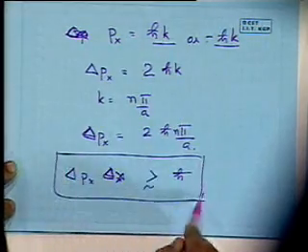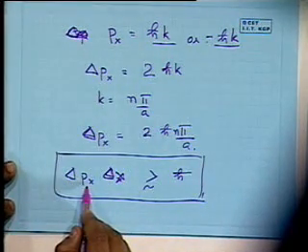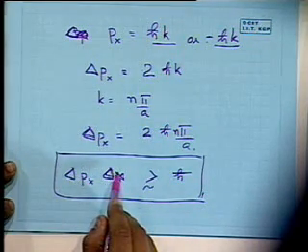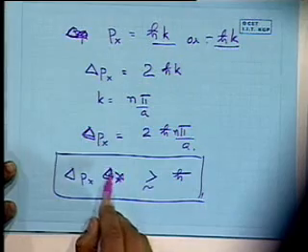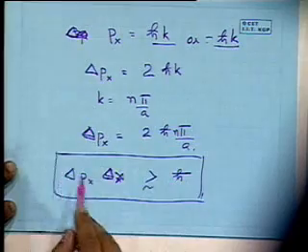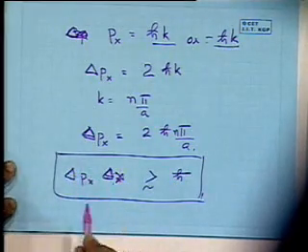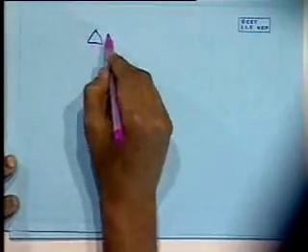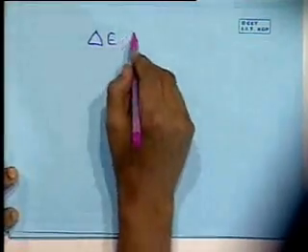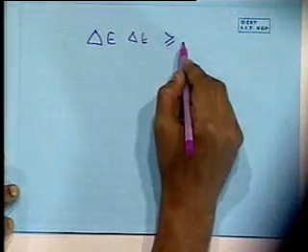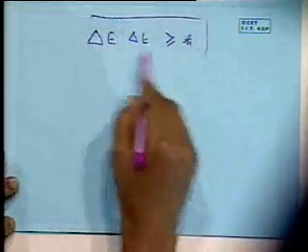This expression, that the product of the uncertainty in momentum and the uncertainty in position will always be non-zero, means you can't specify both of them exactly. It finds expression also in other quantities, such as delta E, energy, and delta t, time, whose product will also always be greater than or equal to h bar.